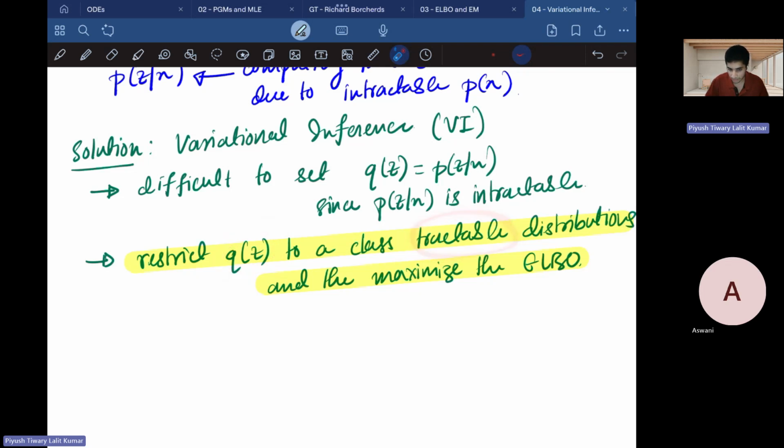And after imposing that constraint, keeping it in our formulation, we will maximize our ELBO. That is where we are heading.